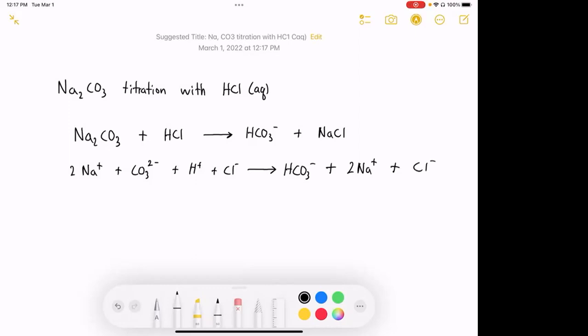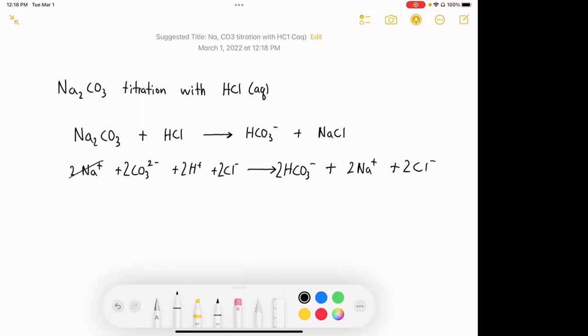We should also put 2 there, and then that will give us 2H plus 2Cl minus. To balance this all out, we should put a 2 here, and then put a 2 in front of the carbonate. There we go. So 2 sodiums, 2 carbonates, 2 carbon. We have 2 bicarbonates, but that has 2 H's, so that gives us our 2 H's, and then 2 Cl minuses.